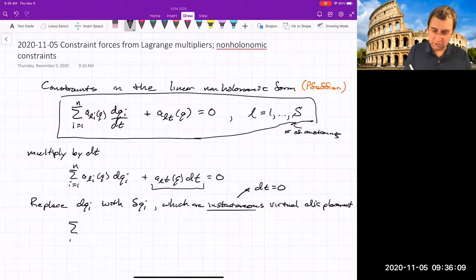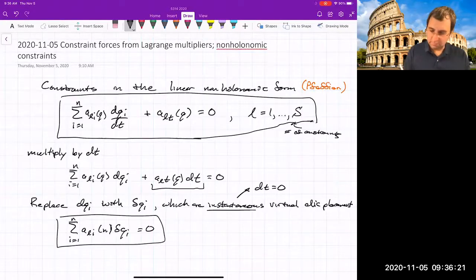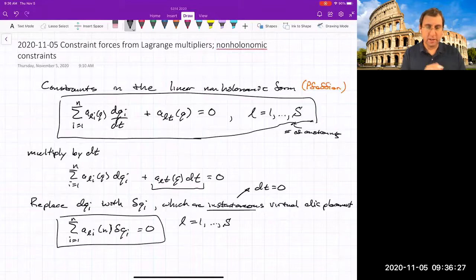So we've got constraints that look like this: the sum of ALI delta Qi equals 0, and L goes from 1 to S. So these are the constraints written in terms of virtual displacements of the generalized coordinates.